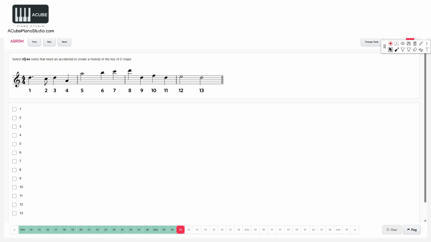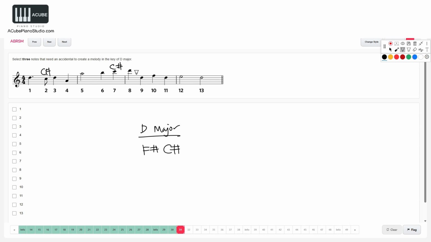Now, next, select 3 notes that need an accidental to create the melody of D major. So let's look at this. D major has F sharp and C sharp. So anything that's F, anything that is C needs a sharp. So this is D, then this is C, so I need a sharp. D, A, okay. A, B, C, okay.